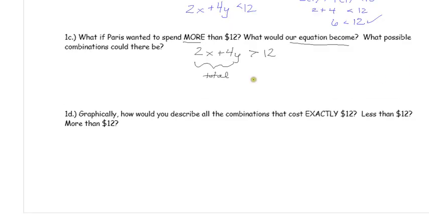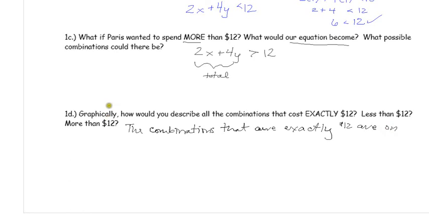So graphically, how would you describe all of the combinations that cost exactly $12? Here's what we're going to say. The points that are exactly $12 are on the line. So the combinations that are exactly $12 are on the line.